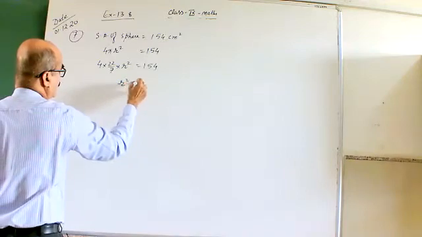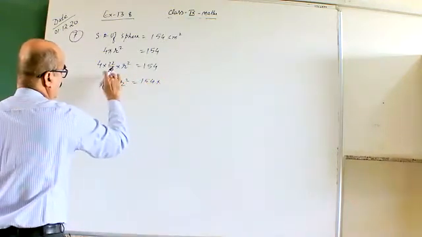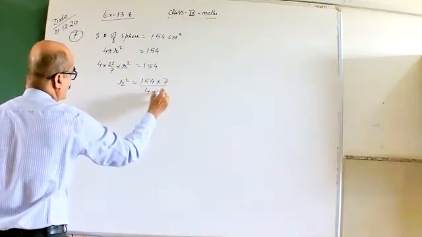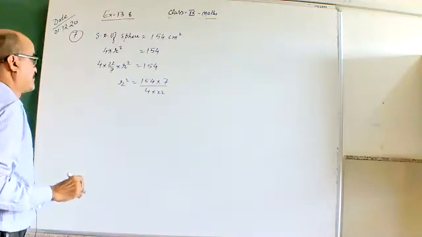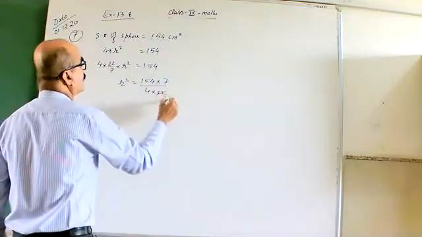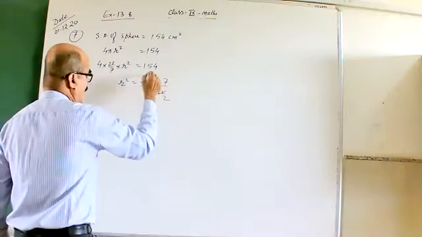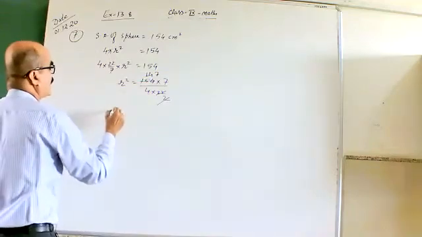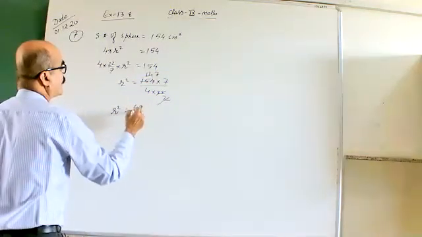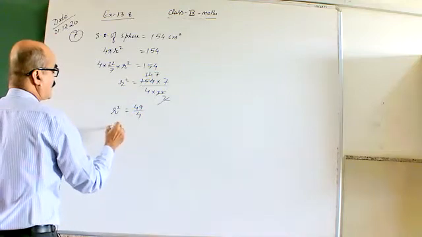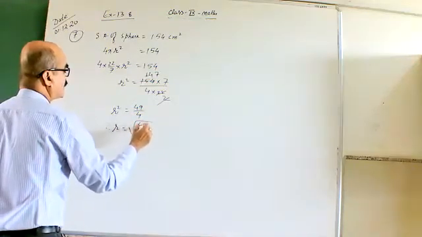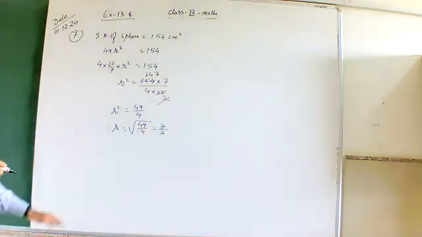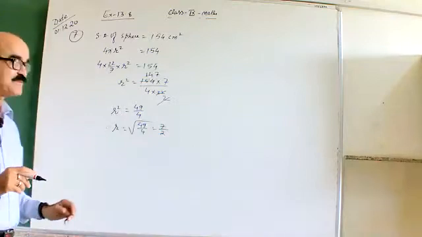So r square will be equal to 154 into 7 upon 4 into 22, that is r square is equal to 49 by 4. Therefore r is equal to under root 49 by 4, that is 7 by 2. So radius is 7 by 2, that is 3.5 centimeter.